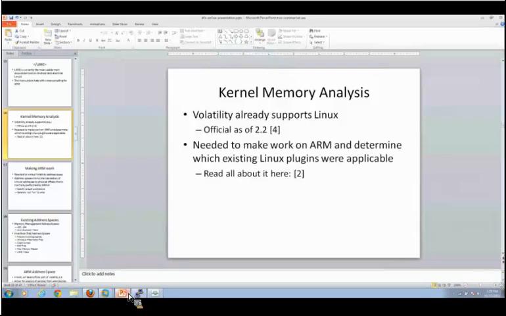So what we did, Volatility already had Linux support when we started this project of wanting to do Android memory analysis. It's now official as of the latest release, which has been maybe a month or two at this point. But we needed to make it work on ARM, and then we needed to see which of the existing plugins needed to be updated or patched to still work on Android. And again, we published a full paper on this, so read that if it interests you.